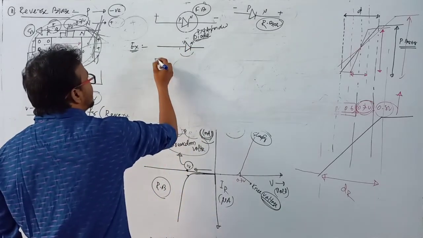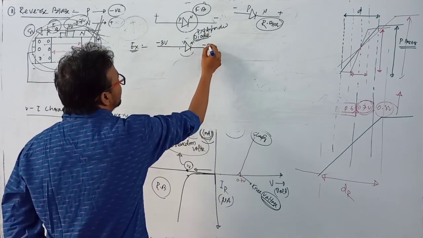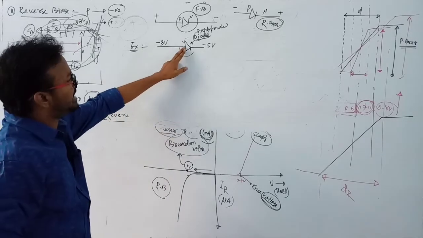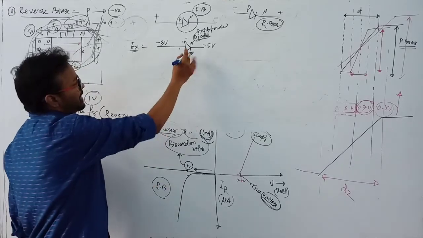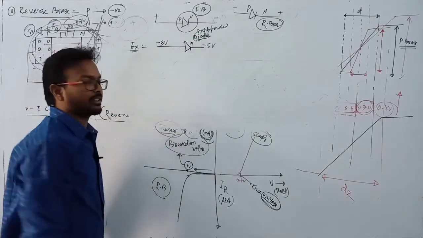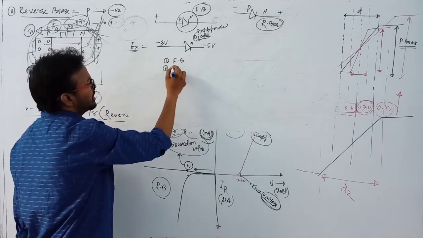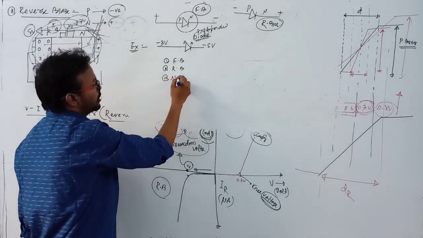So suppose I am writing here minus 3 volt across the P type and minus 5 volt across the N type. Then my question is whether this is a forward bias connection or a reverse bias connection. First option forward bias, second option reverse bias, or third option none of these.